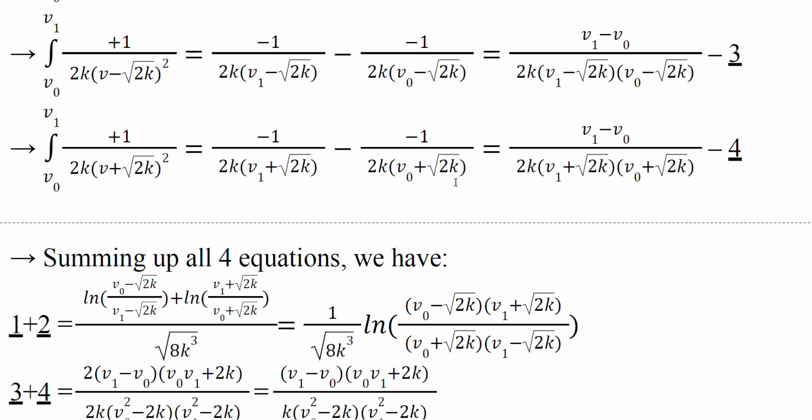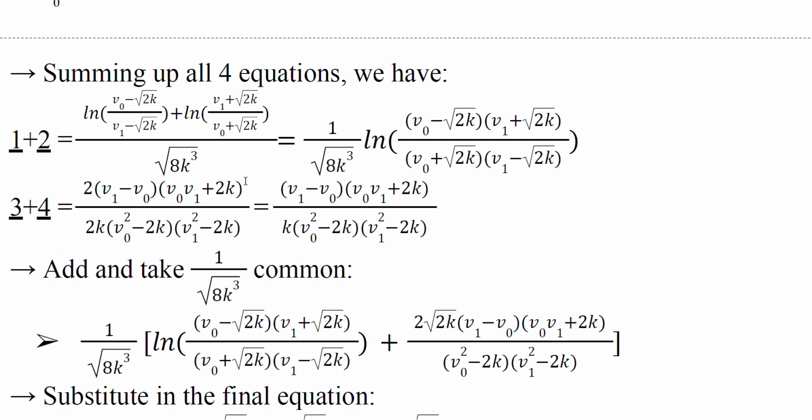And then now we add up all four equations. So here what we're going to do is add up the first two equations first. So we have root 8k cubed as a common denominator, and then when you add these, remember ln a plus ln b is equal to ln ab. So we're just going to basically multiply them. That's what it means.